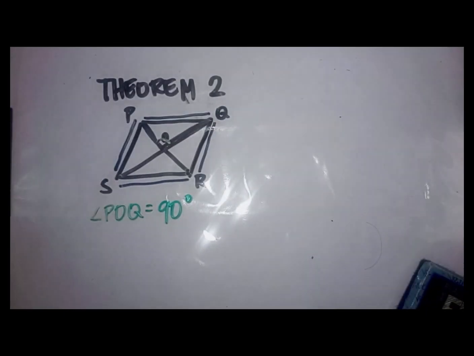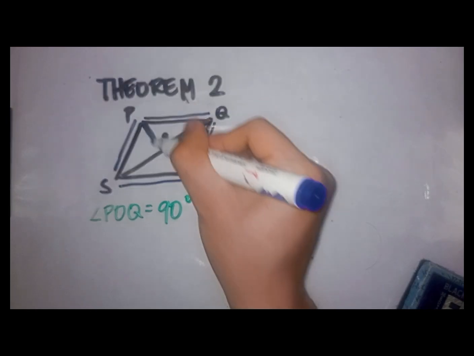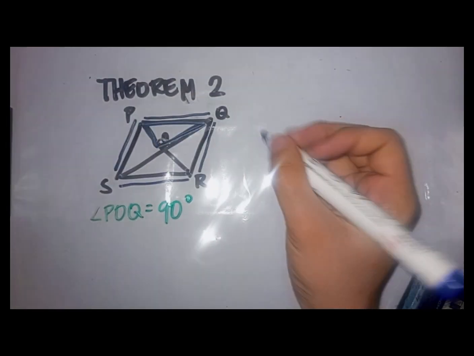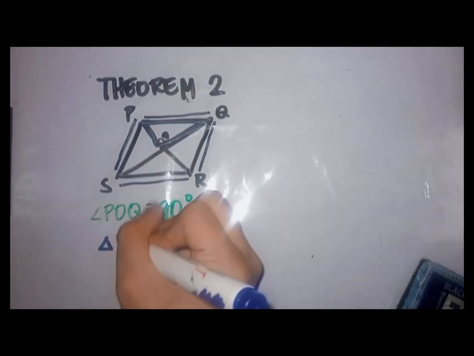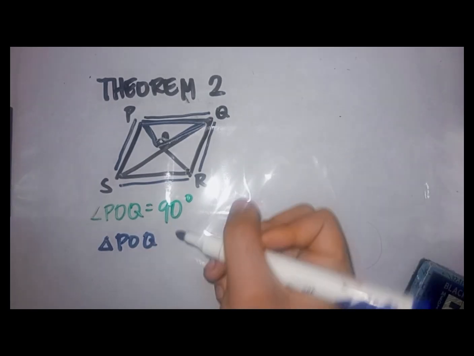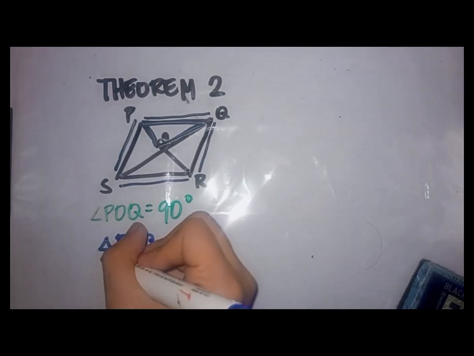So all sides of a rhombus are equal. The diagonals of a parallelogram, and thus the rhombus, bisect each other, so O is the midpoint of both PR and QS. Now consider triangles POQ and ROQ.